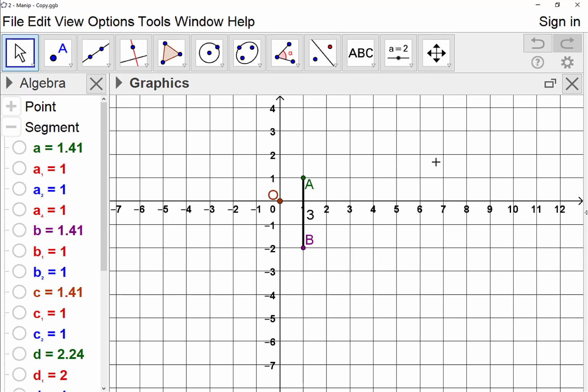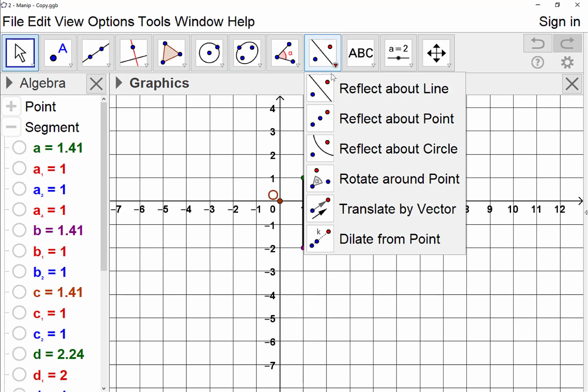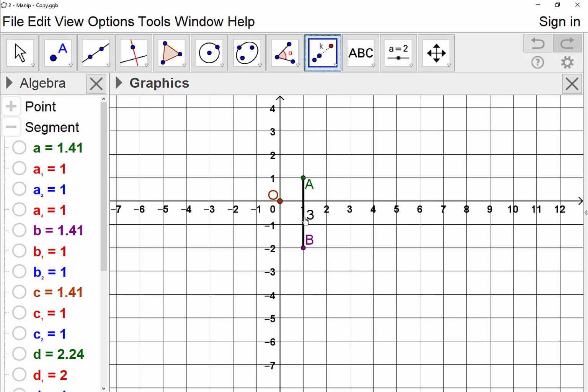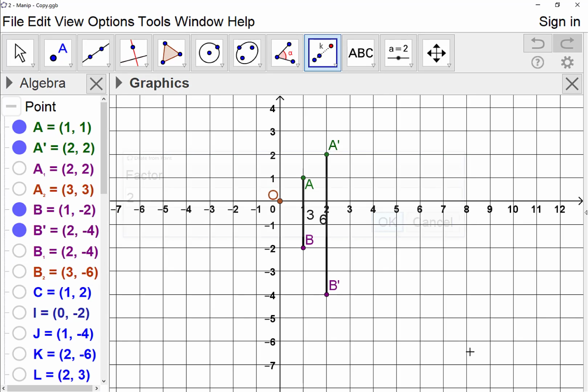So if you dilate it by a scale factor of 2, what's going to happen? When it gets smaller. Well, if you dilate it by a scale factor of 2, how much bigger? It doubles. It gets multiplied by 2. So it's going to go from 3 to 6. It went from 3 boxes to 1, 2, 3, 4, 5, 6.